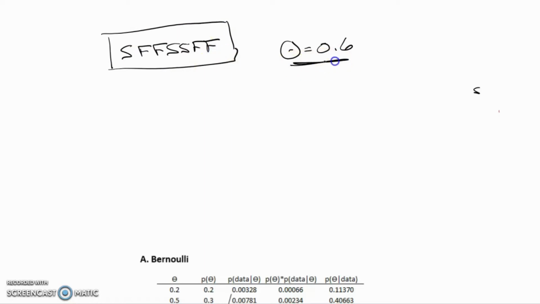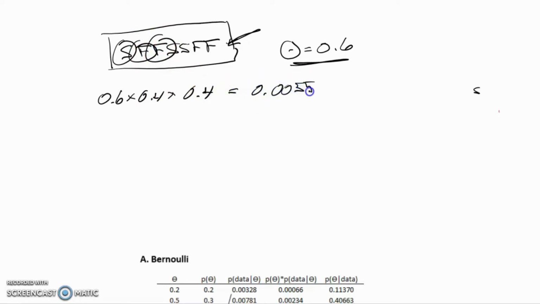Well, the probability is going to be 0.6 times 0.4 times 0.4, etc. And that's going to turn out to be 0.00553.